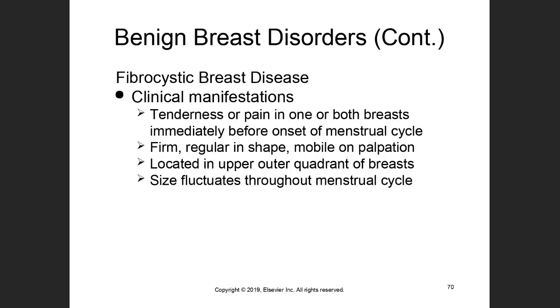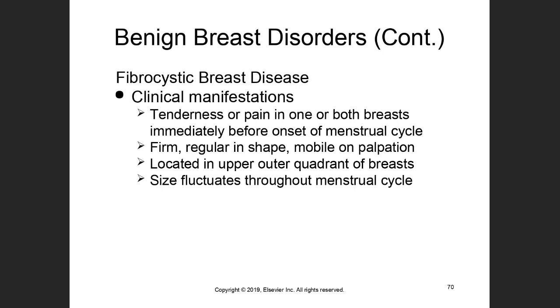Clinical manifestation: the patient is going to have tenderness or pain in one or both breasts immediately before onset of the menstrual cycle. That's why you have to ask if there is any variation during the menstrual cycle.